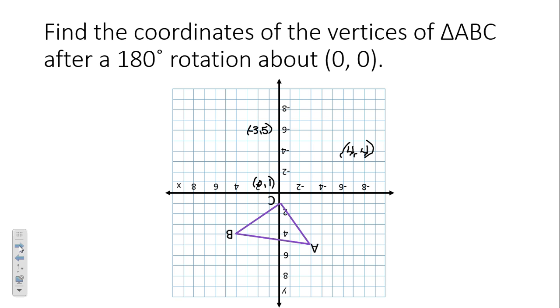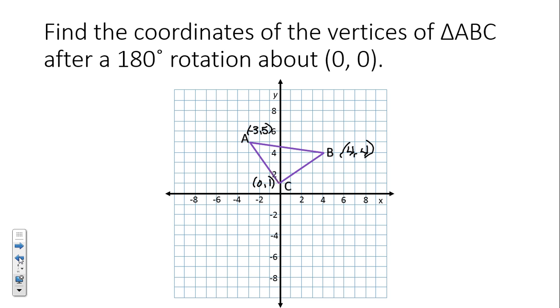So A prime is now going to be at 3, negative 5. Let's make that in a different color.